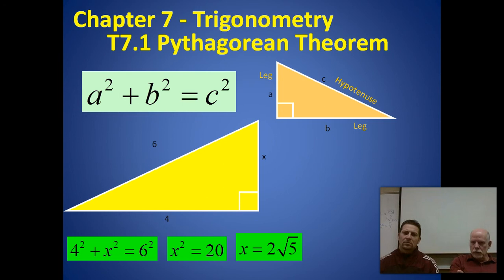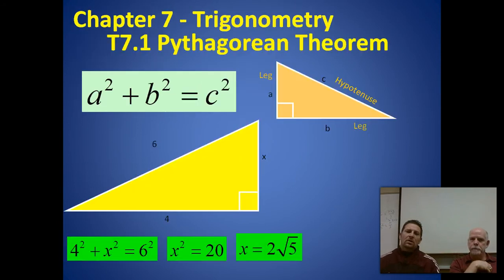Because there are two 2's in there, you pull one of them out and leave the 5 by itself inside. So it simplifies, just like we talked about in the last chapter, simplifying ratios and so on. You have to simplify radicals to 2 radical 5. We should be familiar with this because we did some of that with the geometric means on the worksheet. You've been working with radicals a little bit here, so you've got to remember how to do that.